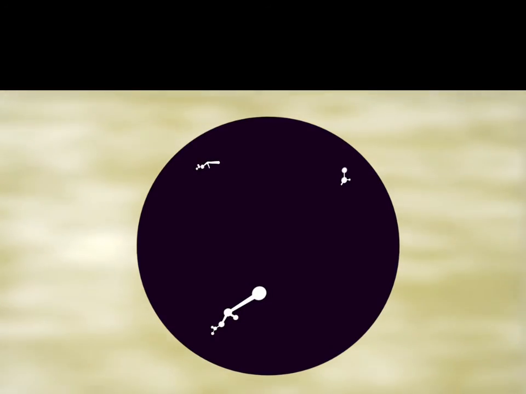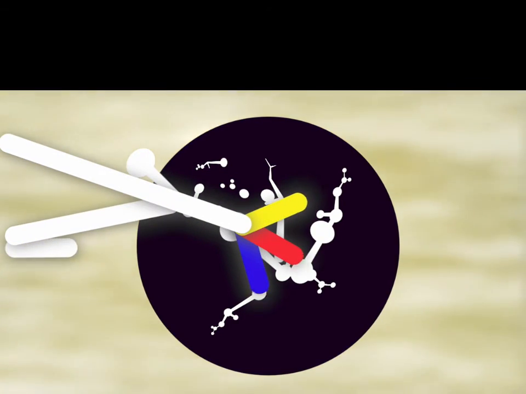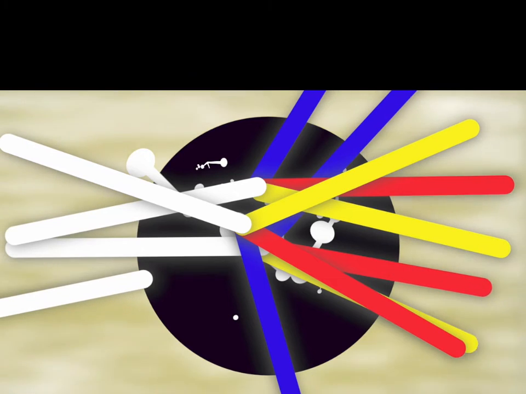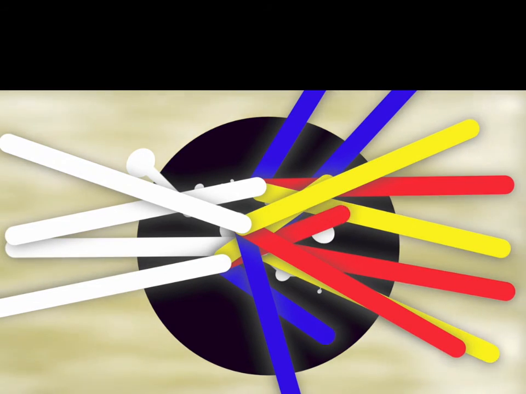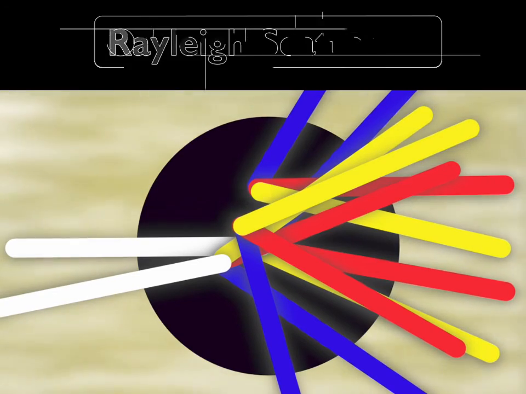In the case of Rayleigh scatter, the particles that are scattering the light are much smaller than the wavelength of the light. And in scattering the light, the short wavelengths are scattered preferentially more than the long wavelengths. So the blue ones spread out to fill the sky, whereas the ones that are less blue make it here to Earth. Rayleigh scatter, wavelength preferential, short wavelengths get scattered more than the long ones.